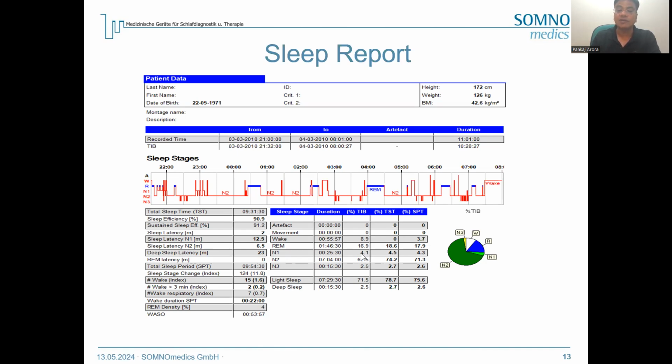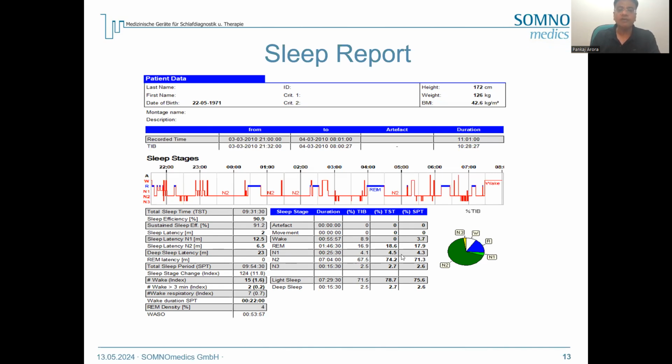It is 67.5%. I also told you that in the first half of the night, N3 stage covers the most, but here we can see there is no N3 stage, and that is the reason it is showing only 2.5% of time in bed.